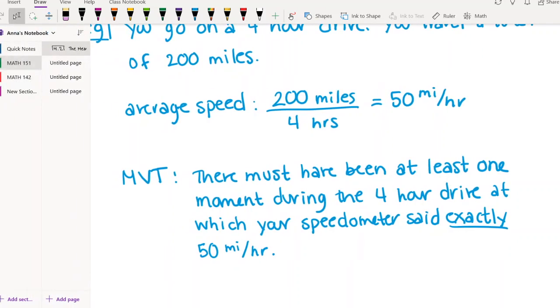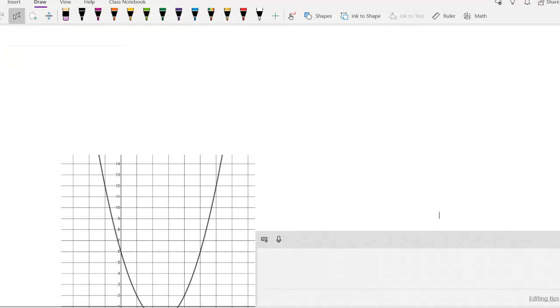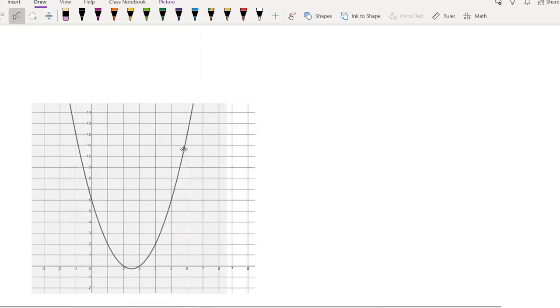Okay, so we're going to do some examples of verifying the mean value theorem for specific functions. We're going to find the average rate of change on an interval, and then we're also going to try to find that number c where the instantaneous rate of change is equal to the average rate of change.